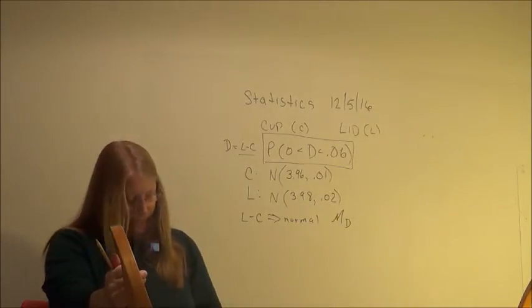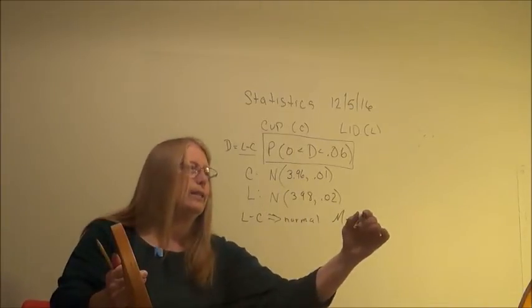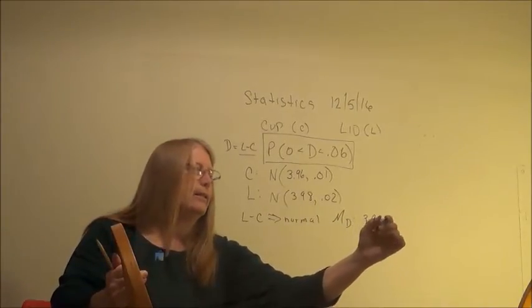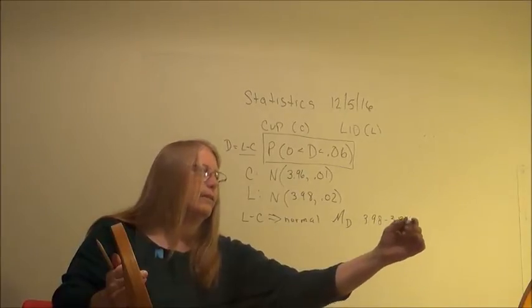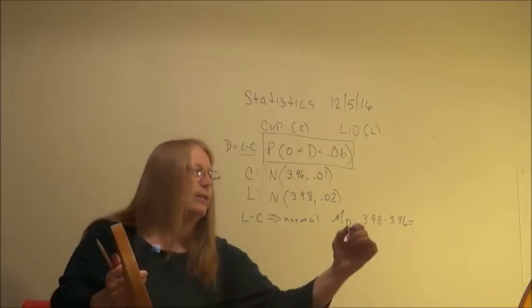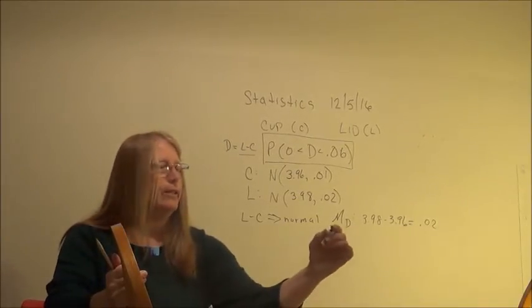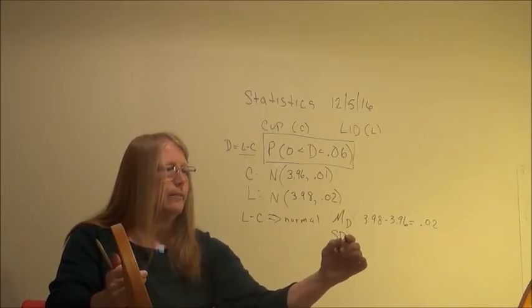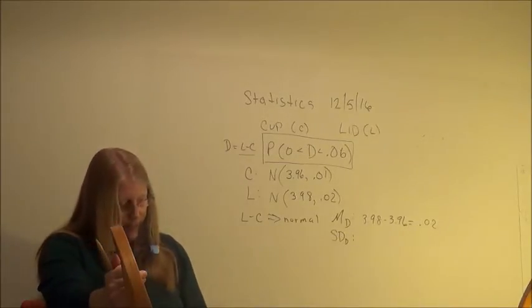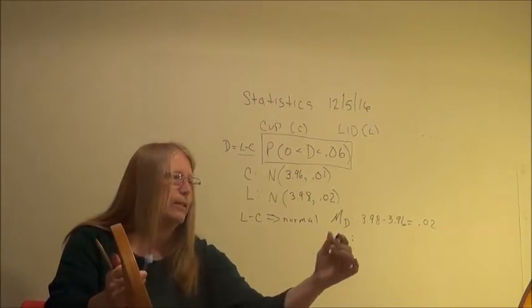Well, we learned that to get the mean, we're just going to subtract these two. So we're going to do lid minus cup. So that's the small number, 0.02. So the mean of the difference is 0.02. And what is the standard deviation of the difference? Standard deviation, I'll use the same symbol.